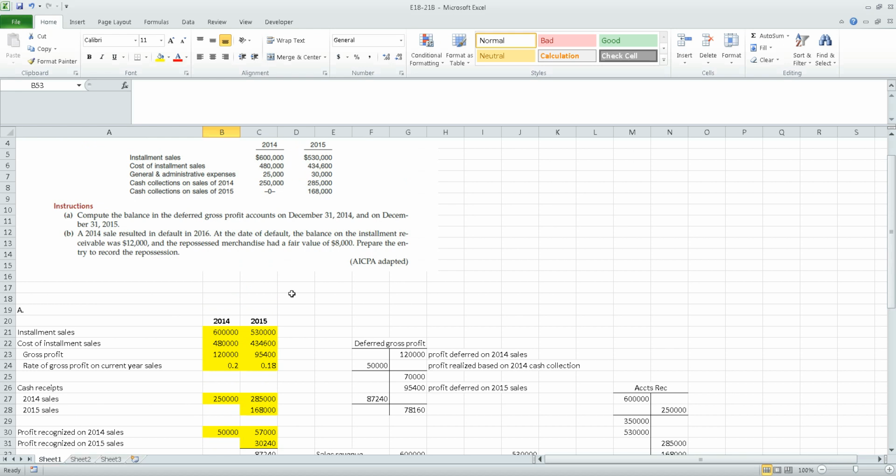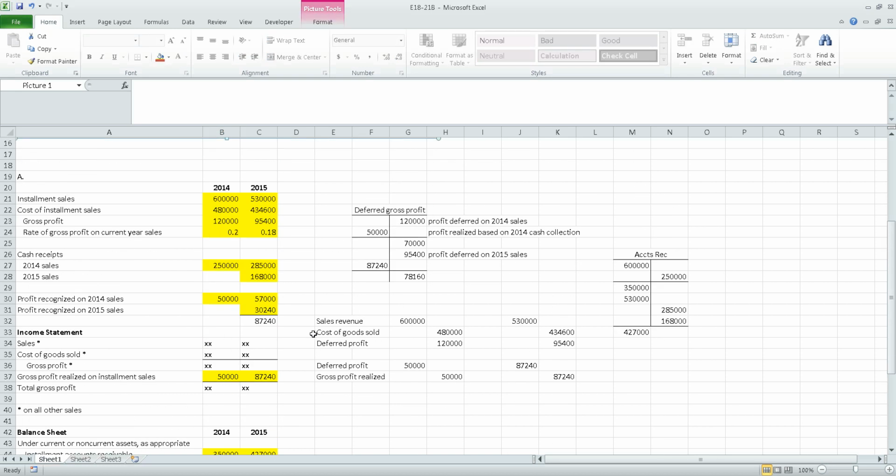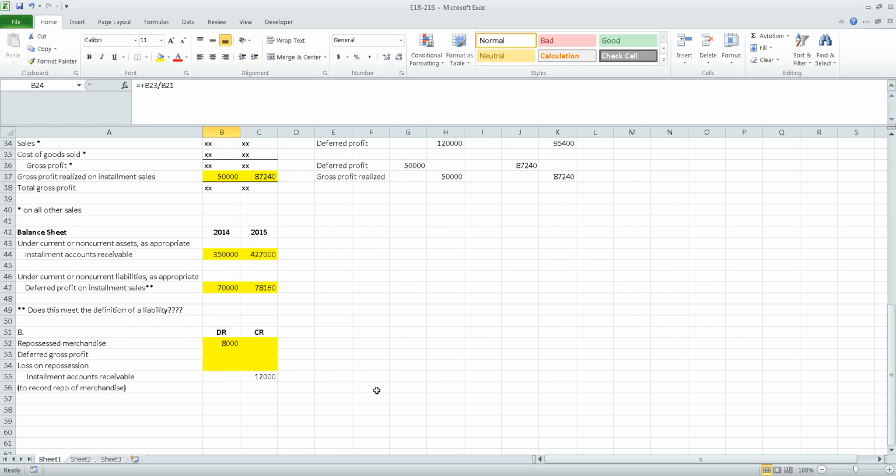Well, the way to calculate that is to take the balance in the receivable of $12,000 and multiply it times the gross profit rate that is applicable to the sales in the year in which that sale was made, which was 12%, or sorry, 20%.